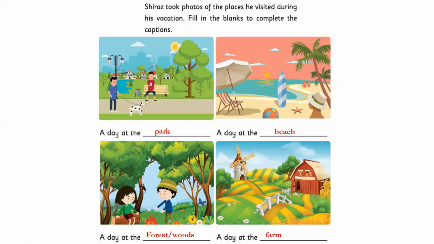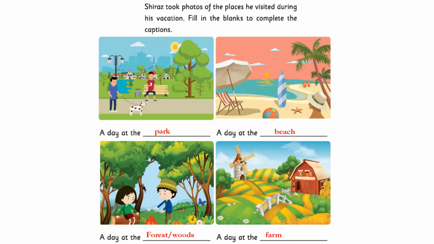So here the park, beach, forest, and farm are all different types of environment. Environment means the surroundings in which we live, move about and work.